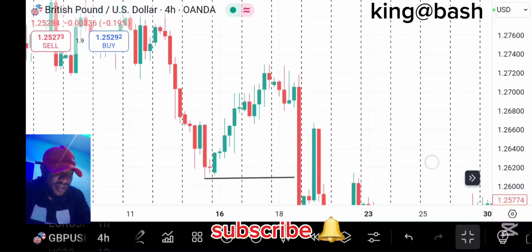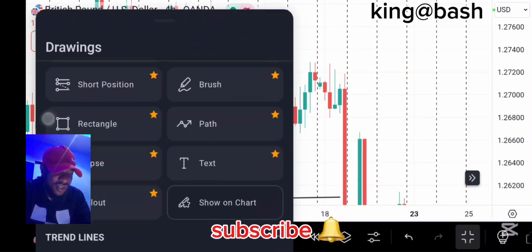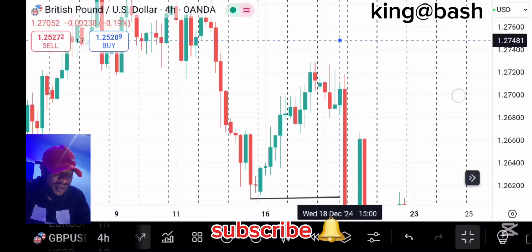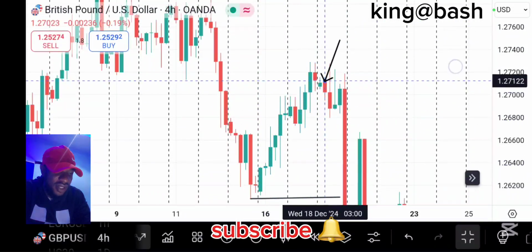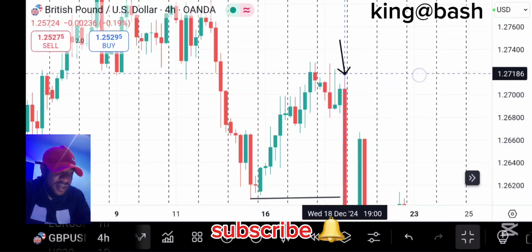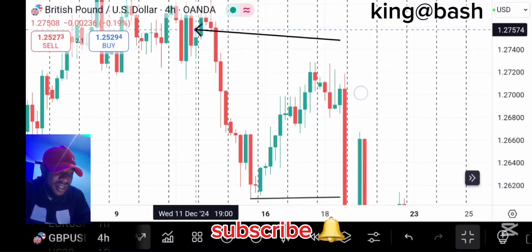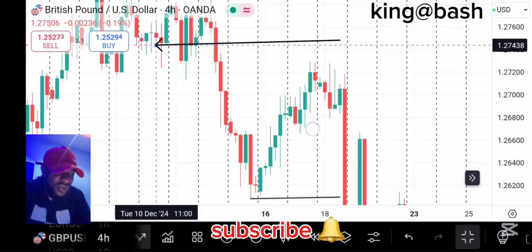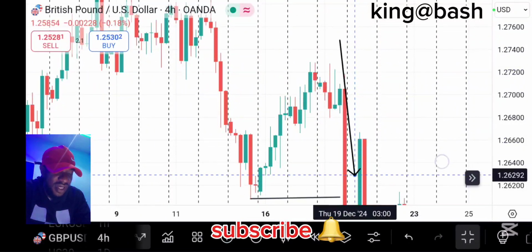Price was making lower lows and lower highs. You can see it clearly here: lower lows, lower lows, and lower highs. Lower low, lower high. So price is coming down.